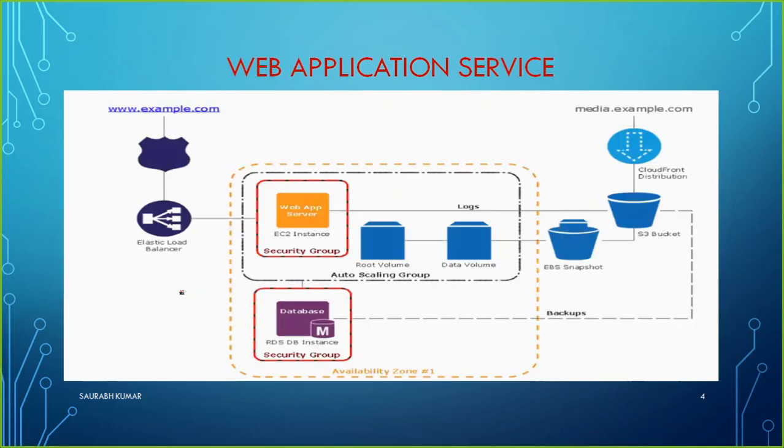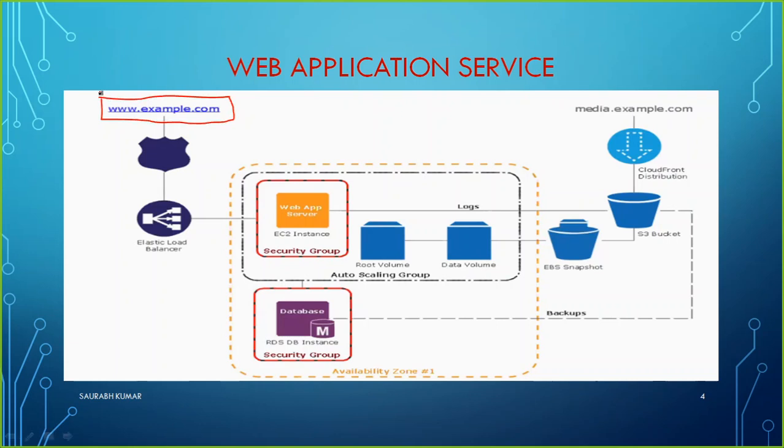So the next point: here I have taken one example of those services, that is maybe web application as a service. Maybe you are offering a web application, or maybe you are getting a web application service from AWS. So how is the architecture? Let's have a look here. Maybe you have a website running there, www.example.com.